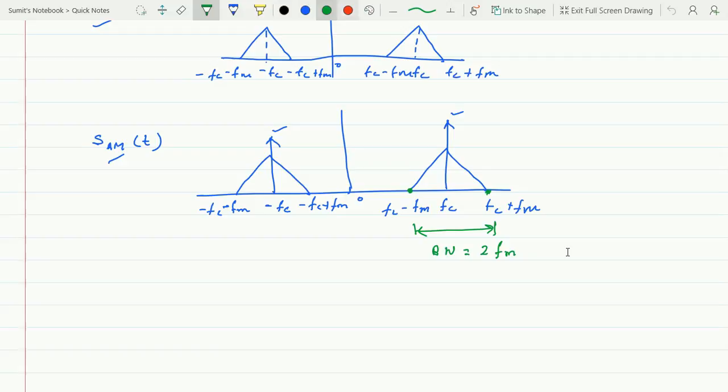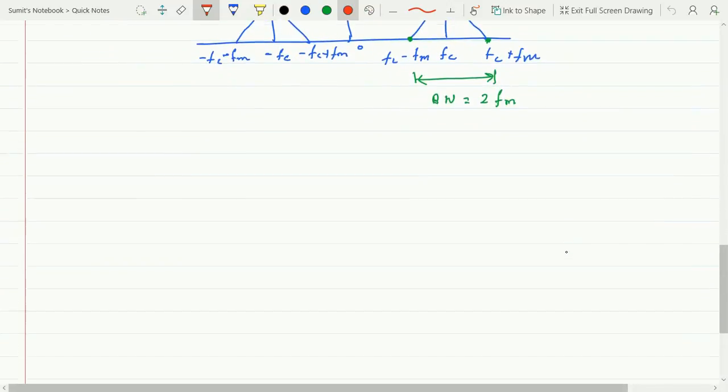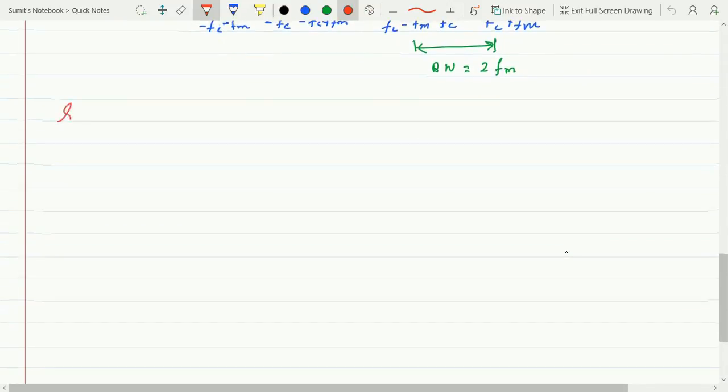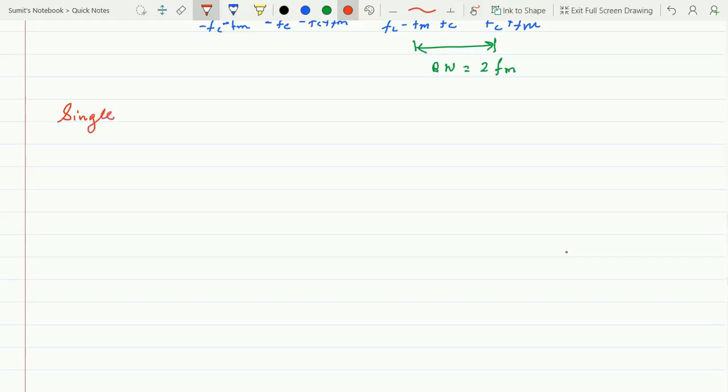Now let's discuss something about the single tone AM. So this part would be mostly mathematics. You have to remember the trigonometric identities that I already discussed in the first lecture. You need to use some properties here.